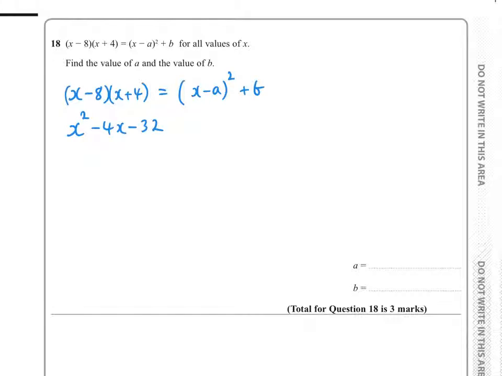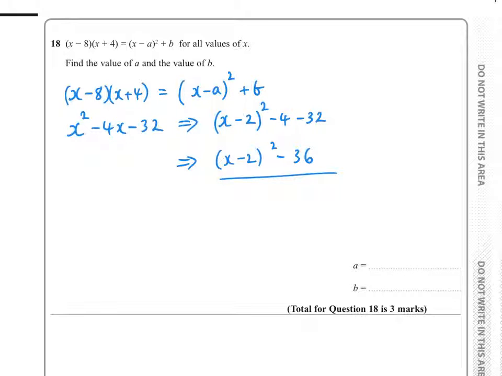And then let's work on that. We can complete the square. So that would give us x minus 2 all squared minus 4, and then the minus 32 is left, which gives us x minus 2 all squared minus 36. So it looks as though a is going to be 2 and b is going to be negative 36.